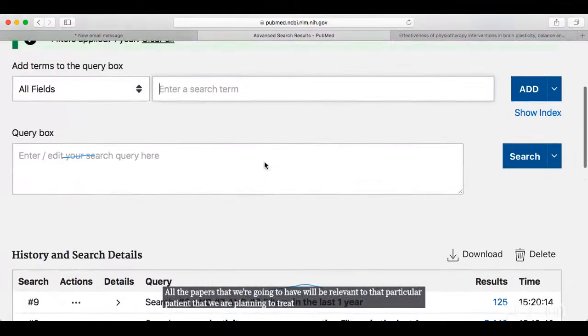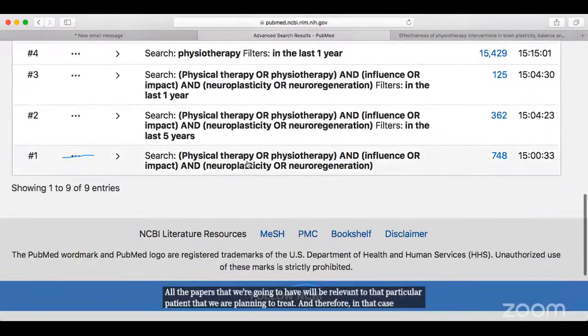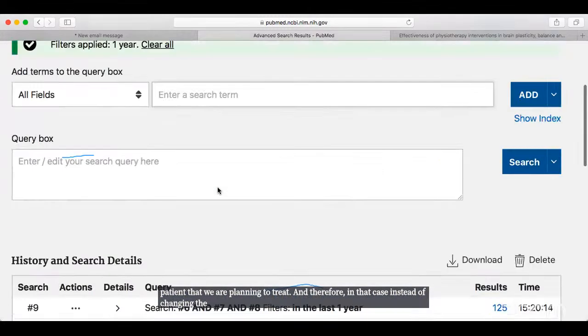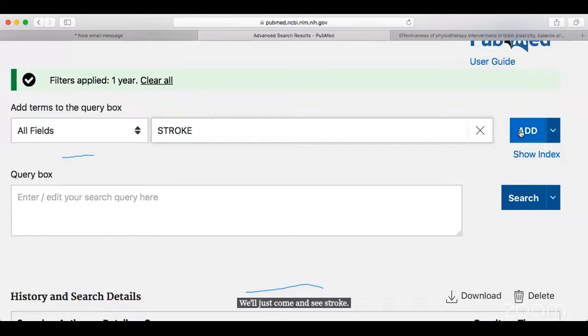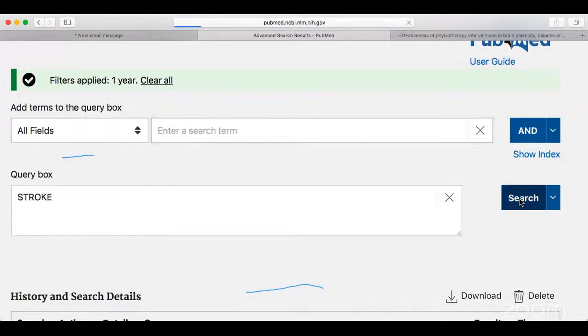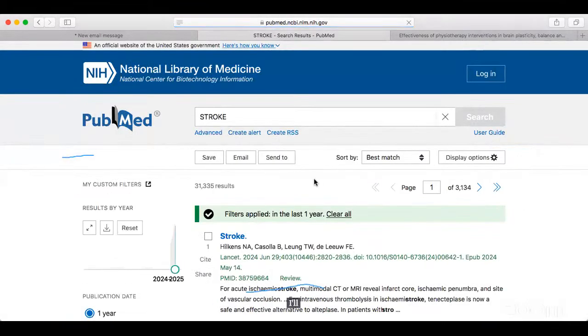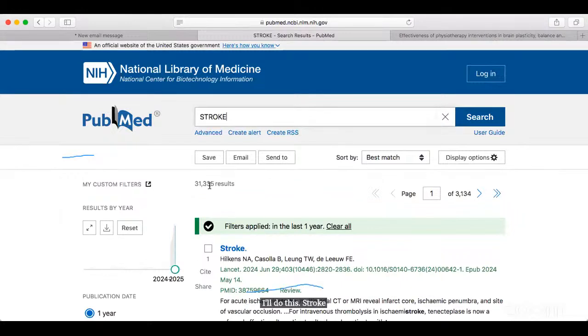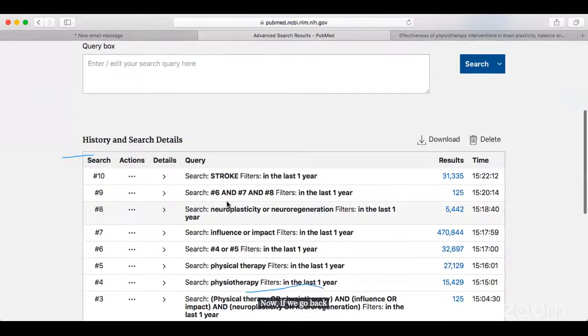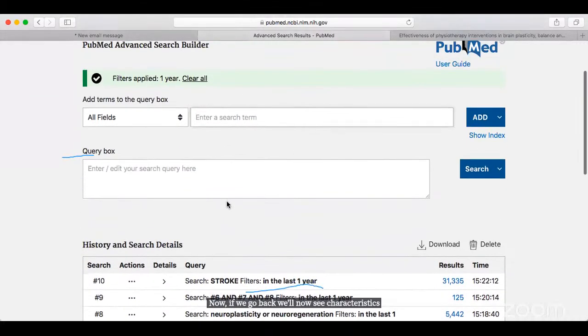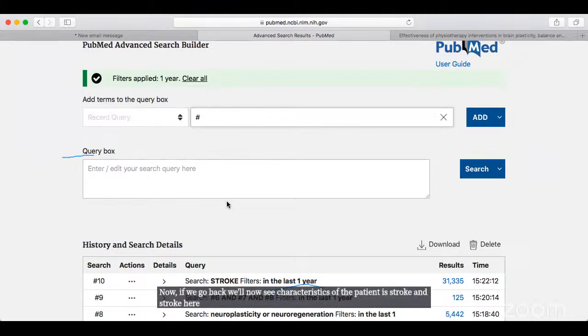So instead of changing the whole search strategy, we'll just come and say stroke. I'll do search. Stroke is giving us 31,335 papers published for stroke. Now, if we go back, we'll now see characteristics of the patient is stroke. And stroke here is #10.